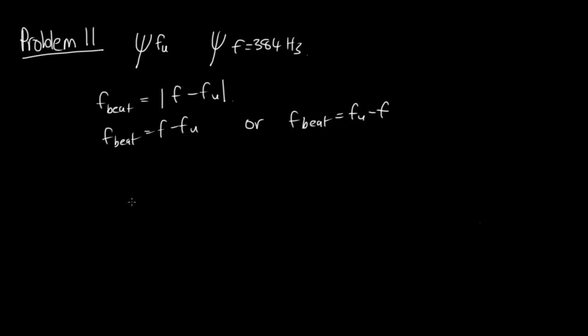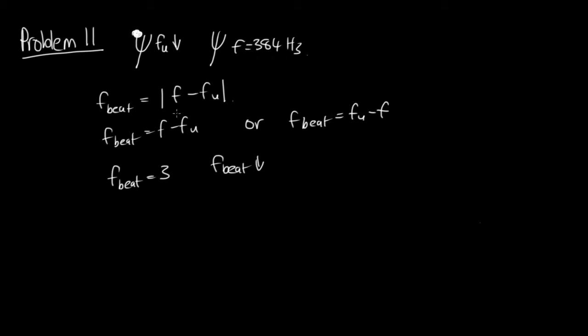Okay, so in the question we're told that F beat is equal to 3, and the other thing that we're told is that the beat frequency decreases when plasticine's added. So when we add plasticine to something, it makes this bit heavier, and so that'll make FU decrease. So if FU decreases, then the beat frequency decreases.